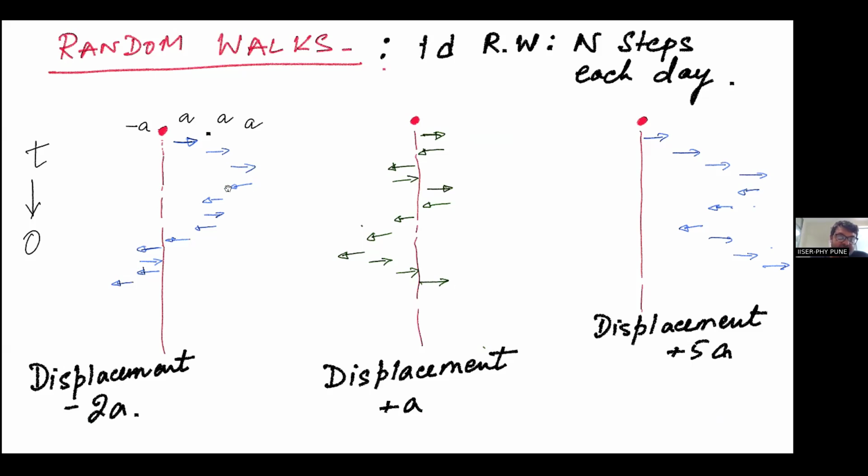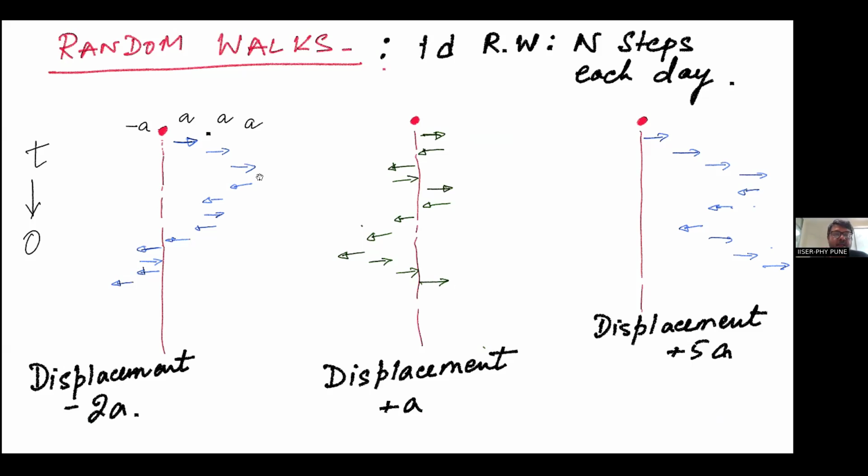Now he moves randomly, uncorrelated. Every step that he takes does not depend upon the previous step. It's a completely random event whether he's going to move to the left or to the right.